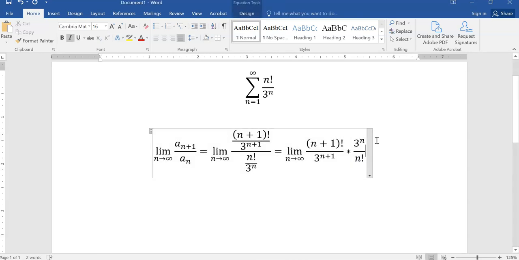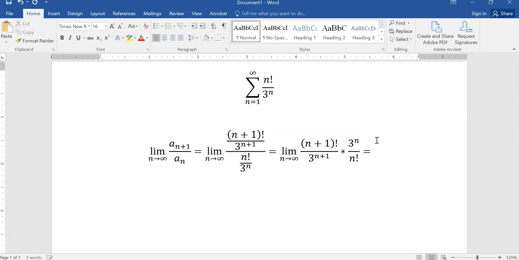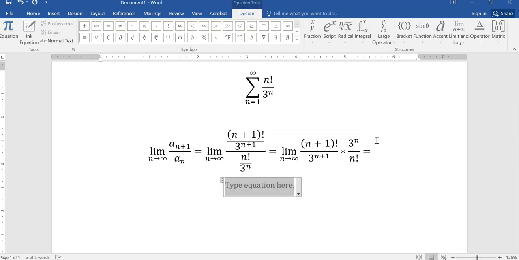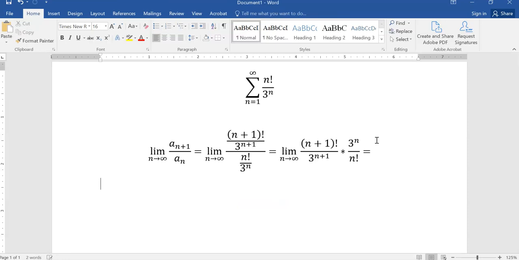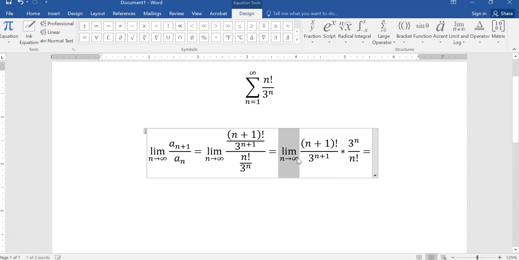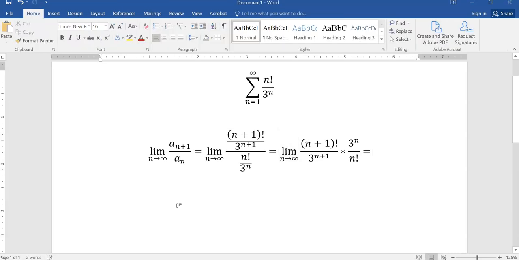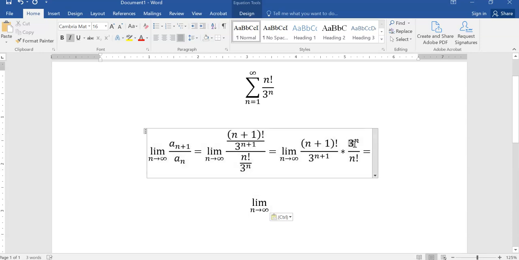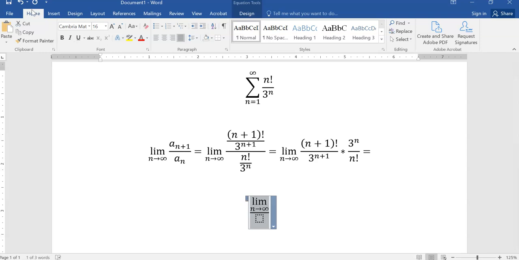And then we get some canceling out that happens. Let me try to explain this using what we have here. So first off, let's multiply this together. 3 to the n, I'm going to place in front.